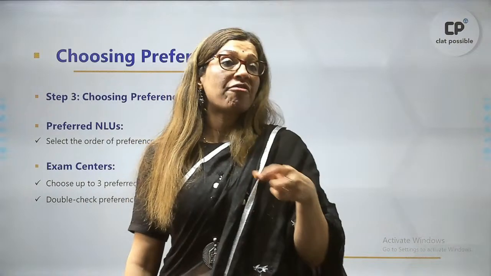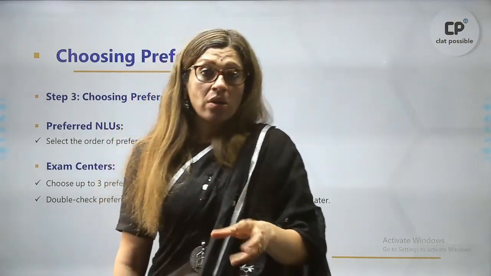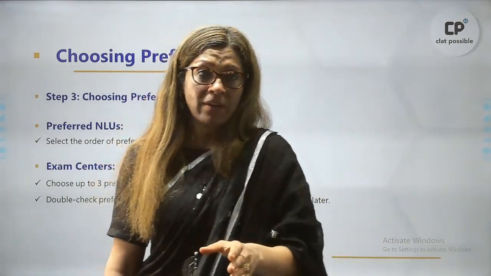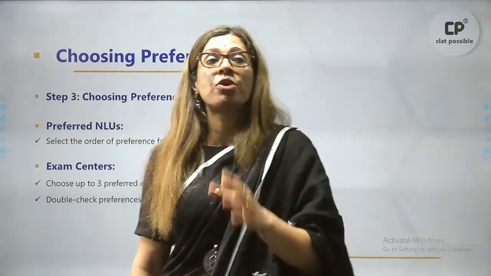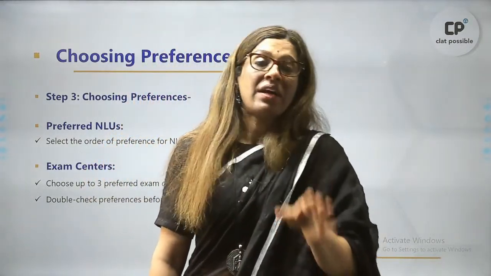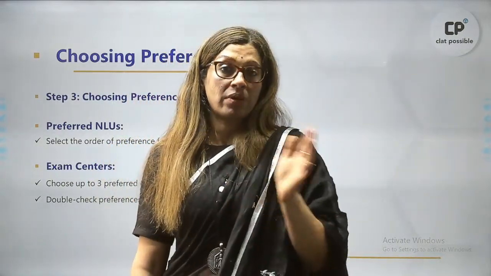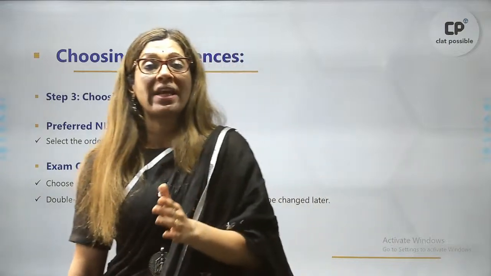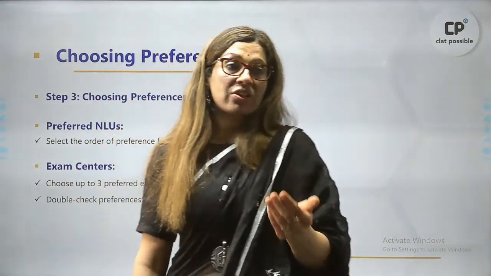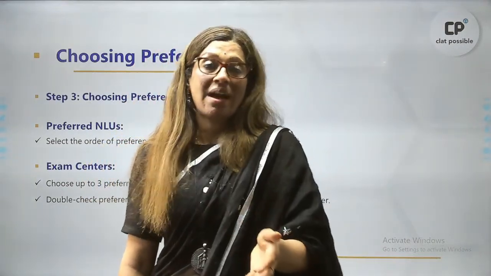So don't go very far, otherwise you will have to leave a day early. If the center is more than 2 or 3 hours away, it is best that you reach a day early so that you can relax there and leave at a decent time in the morning. Since the paper usually happens in the afternoon, centers that are 3 hours away can be traveled to on the day of the exam also.